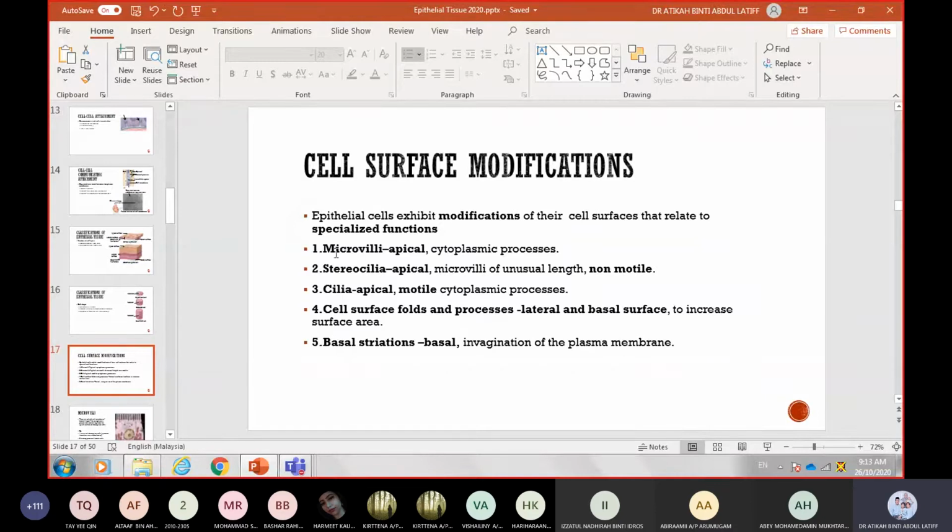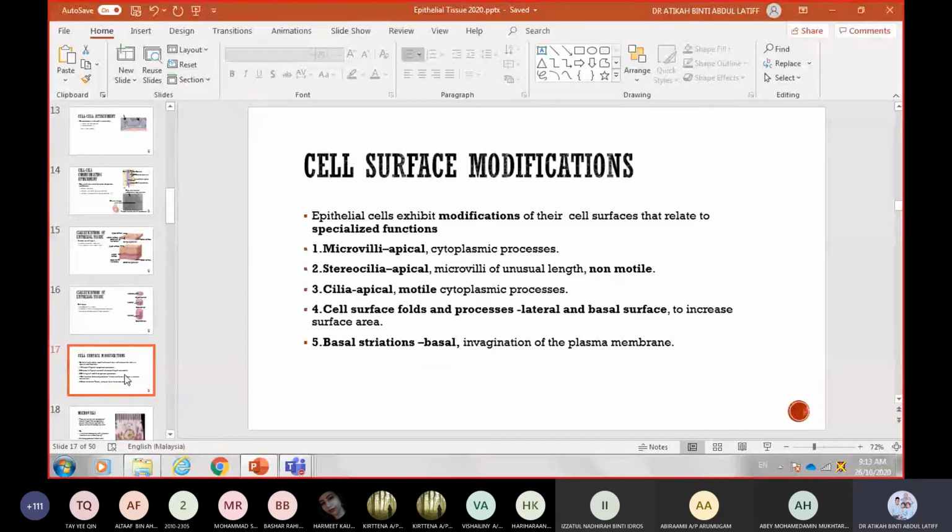For example, microvilli, stereocilia, and cilia at the apical part or the top part of the surface, and sometimes at the lateral and basal surface, they have folds and processes to increase the surface area. For example, in the intestine, you have a lot of folds and processes, and basal striations at the basal layer. But I'm only going to focus on these three apical modifications in this lecture.